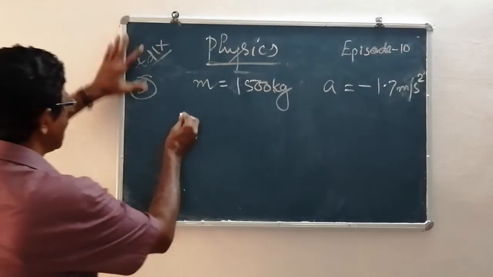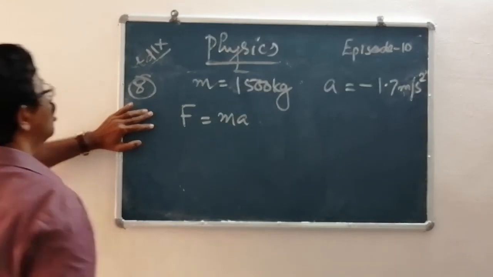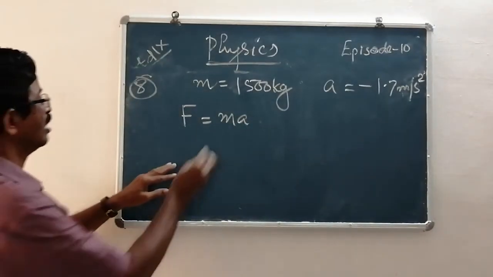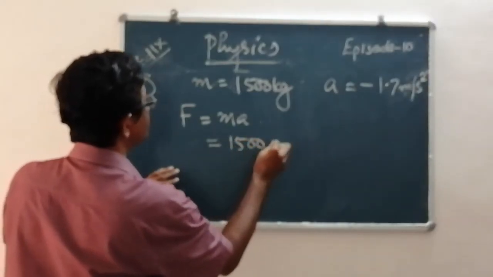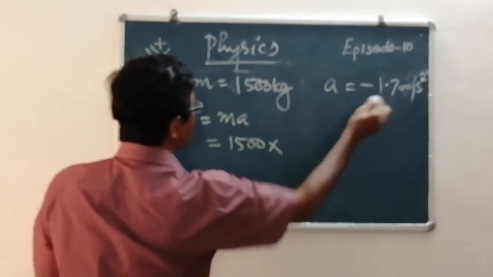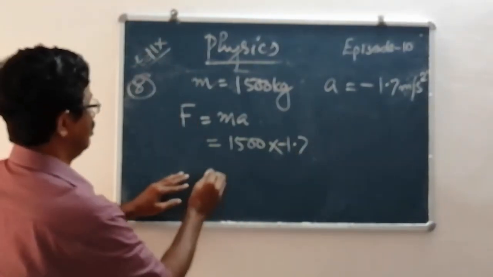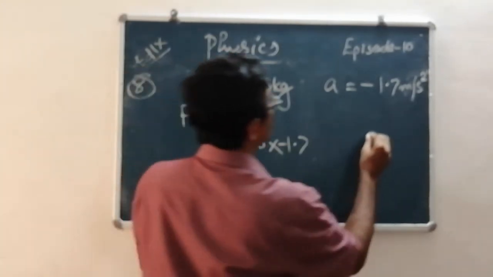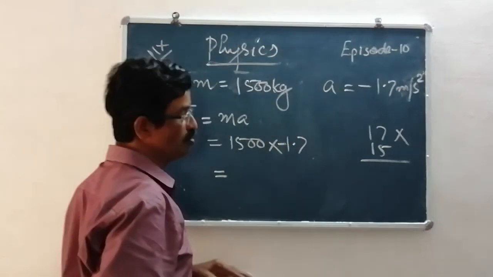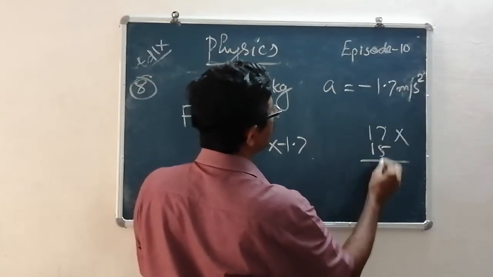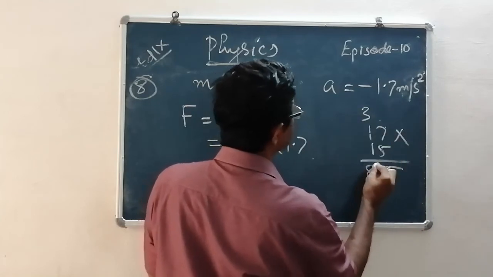See, force F is equal to, from second law, ma. Here mass is given, into acceleration with negative. Now, when we multiply 17 into 15, how much will it come? 5 times 7 is 35, carry 3, and so on.